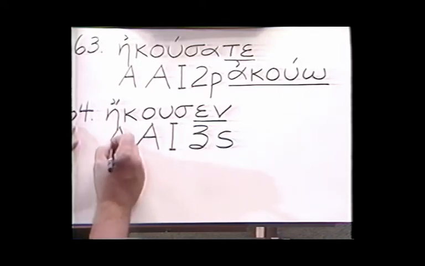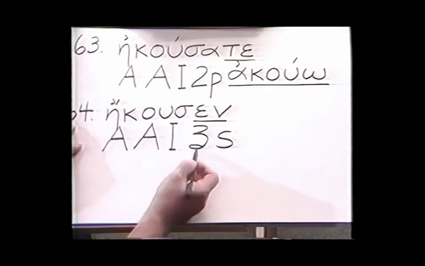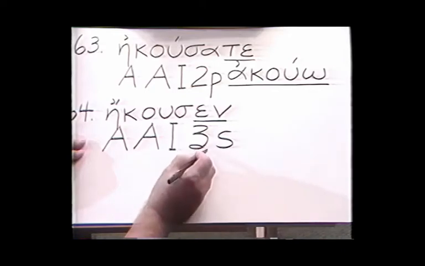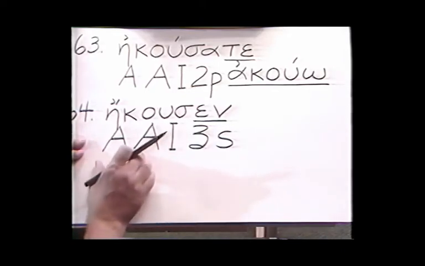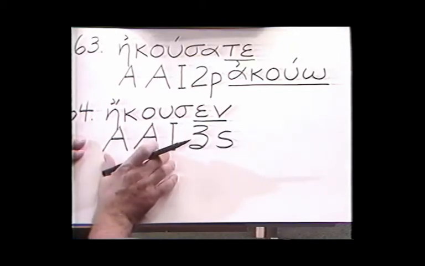Aorist. So our parsing, aorist, active indicative, third singular. The translation would be he, she, or it. Now the aorist indicative is simple past time. He, she, or it has heard, or did hear, or he, she, or it heard.